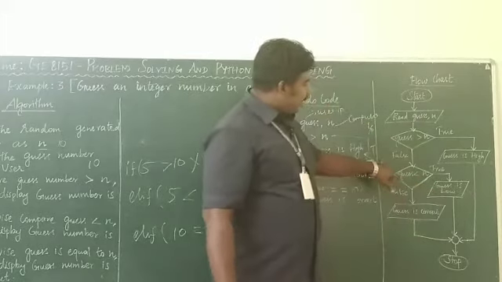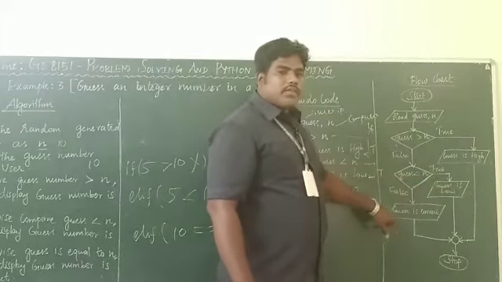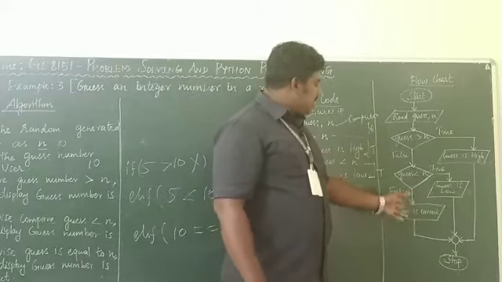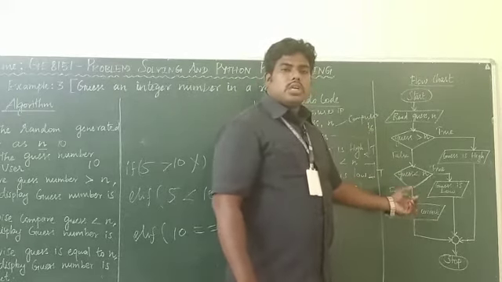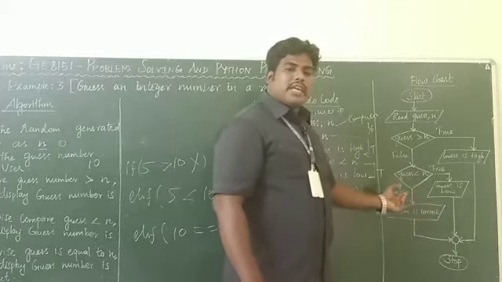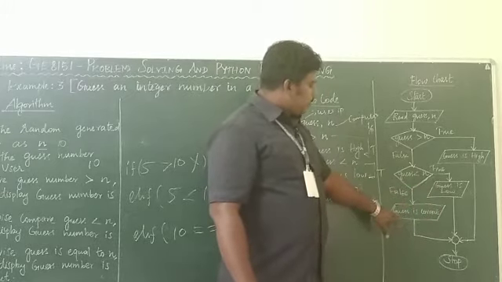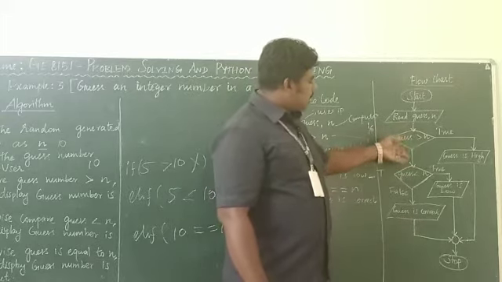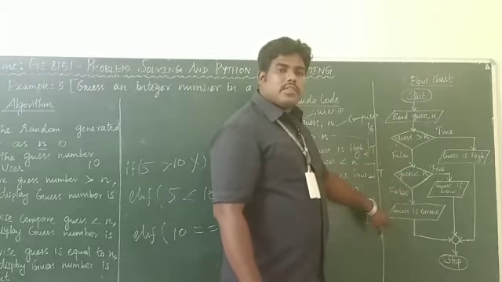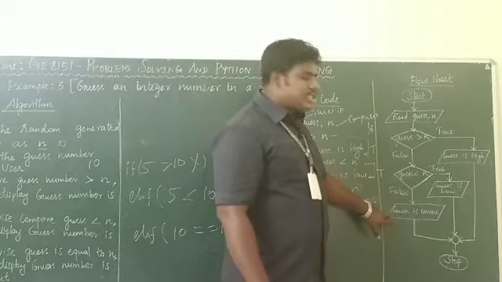Again, if this condition is false, we are checking the other condition, that is the else statement. Whether the guess is equal to n. If the guess number is equal to n, we say it is correct. Either it is less or greater, otherwise it will be equal. That's why we are not checking a condition here.